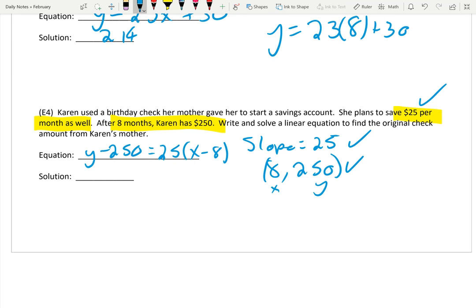So I just plug the x value into my x place, my y value into my y place, and my slope into my slope place. So it's just, remember, if you know the formula, you're just plugging these numbers in. Now the next part: write and solve a linear equation to find the original check amount. Original check amount means the time at the beginning, which means 0 months. 0 months is the beginning.